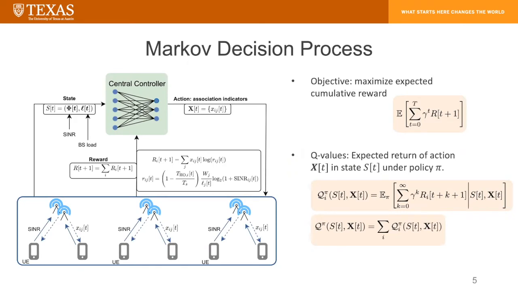Due to these reasons, we formulate the handover optimization as a sequential decision-making problem and model it as a Markov decision process as shown here. The objective is to maximize the expected cumulative reward where the discount factor gamma is close to 1. Note that for gamma equal to 1, we could recover the optimization objective on the previous slide.